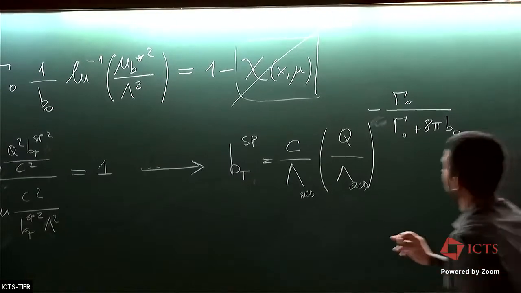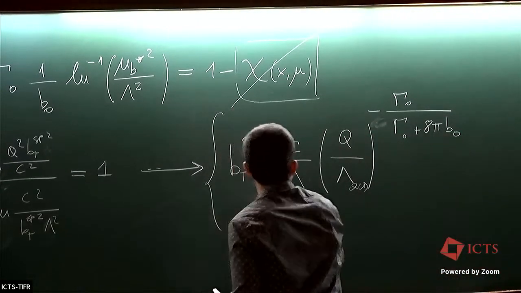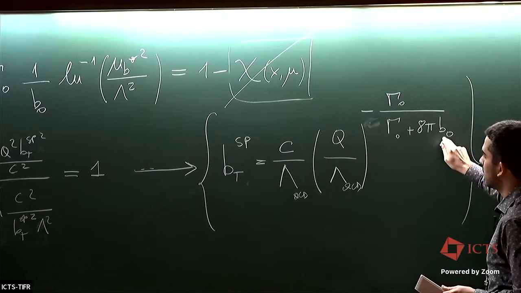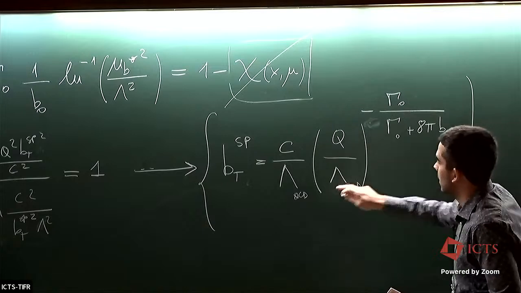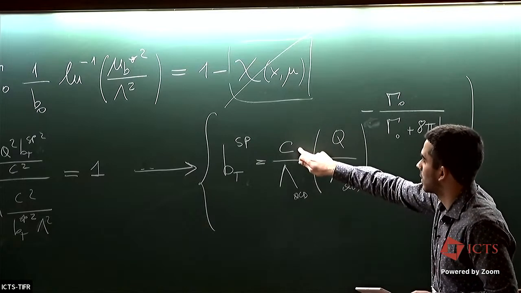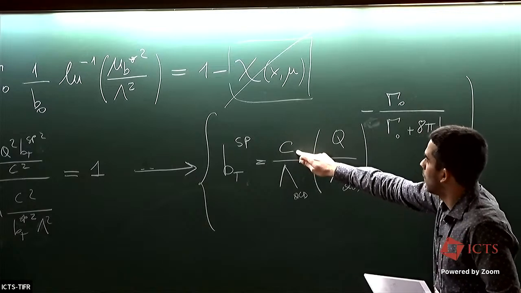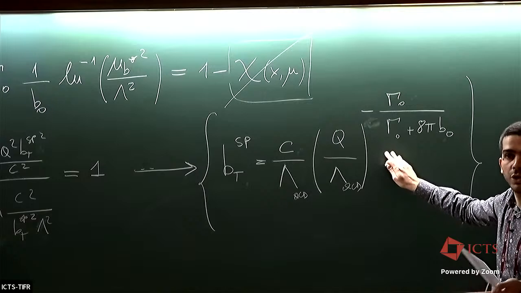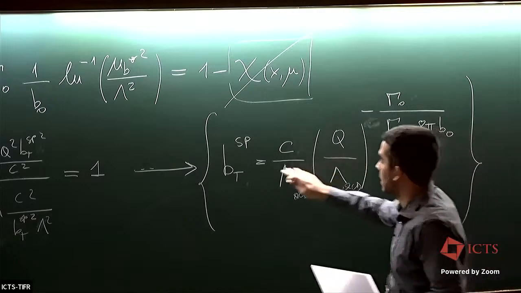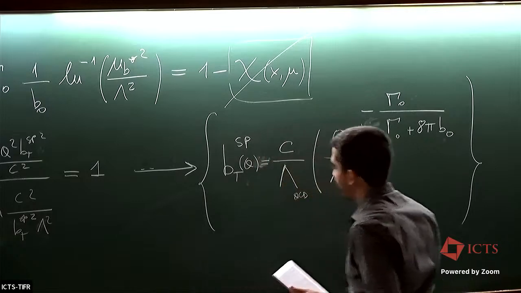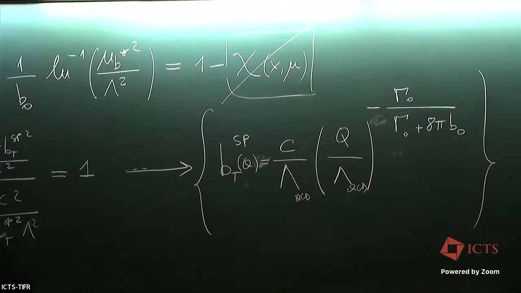Okay, great. So gamma 0 and B0 are numbers. Lambda QCD is a number, pretty well known. C is a constant, we don't care too much about it. What is the only kinematic dependence of the saddle point? Q, right? So in this case, BT depends only on Q. Okay. So let's try to see what happens.